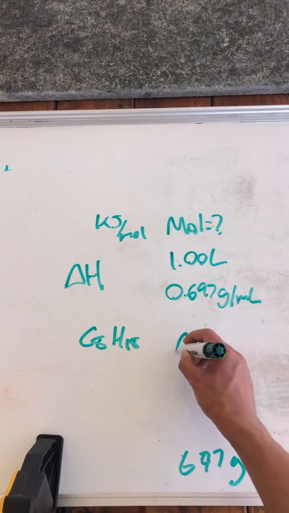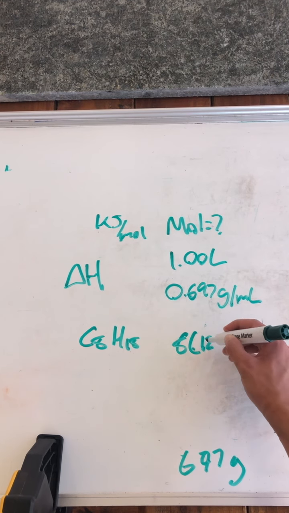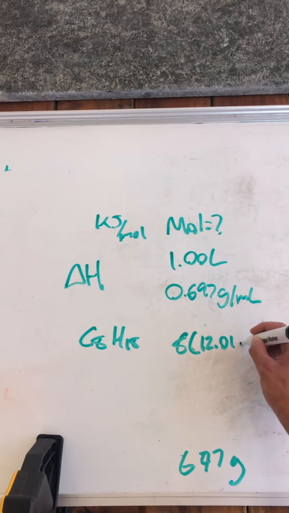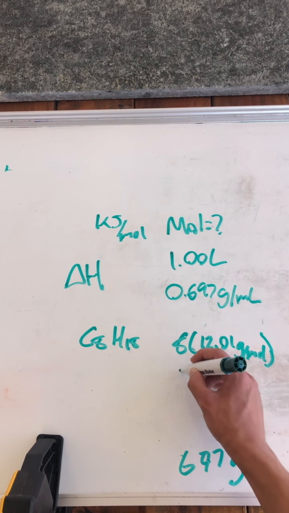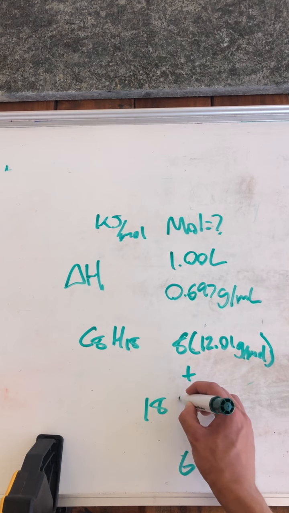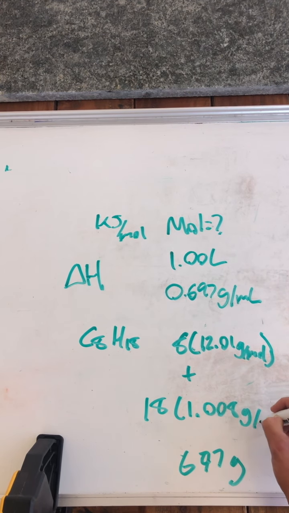We go 8 times 12.01 grams per mole, and then we're going to add that with 18 times 1.008 grams per mole.